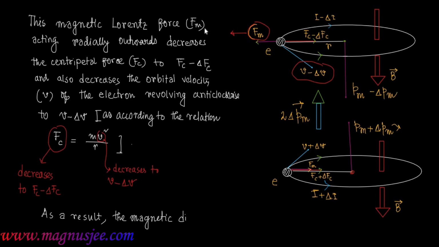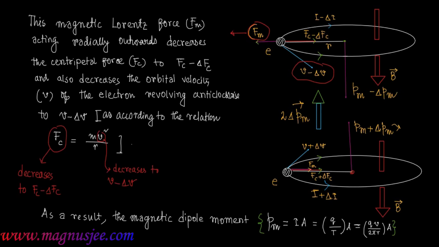As a result, if the orbital velocity decreases, then the magnetic dipole moment Pm is equal to I A, current into the area of cross section of the circular orbit of revolution of the electron, is equal to q by T, where capital T is the time period, into A, is equal to qv divided by 2 pi r into A. That is the expression of magnetic dipole moment in terms of orbital velocity v.